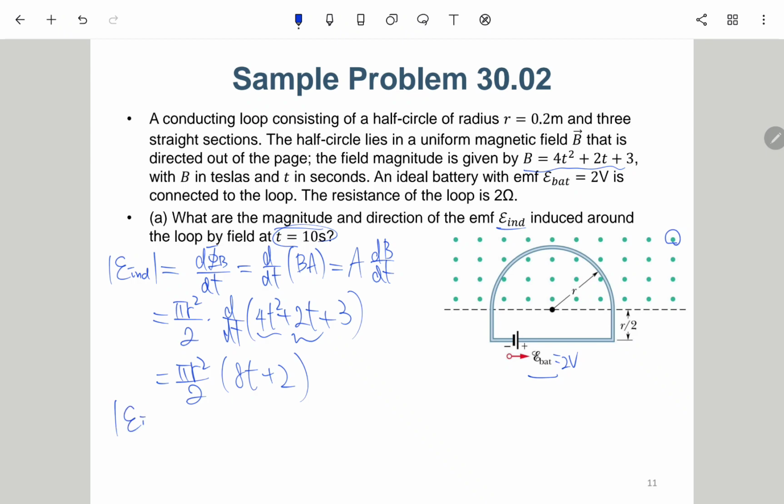So we just substitute t equals 10 seconds here, and plug in all the values. Pi r squared, r is 0.2 meter, so 0.2 squared over 2, multiplied by 8 times 10 seconds plus 2. So this value is 5.2 volt, which is quite large.